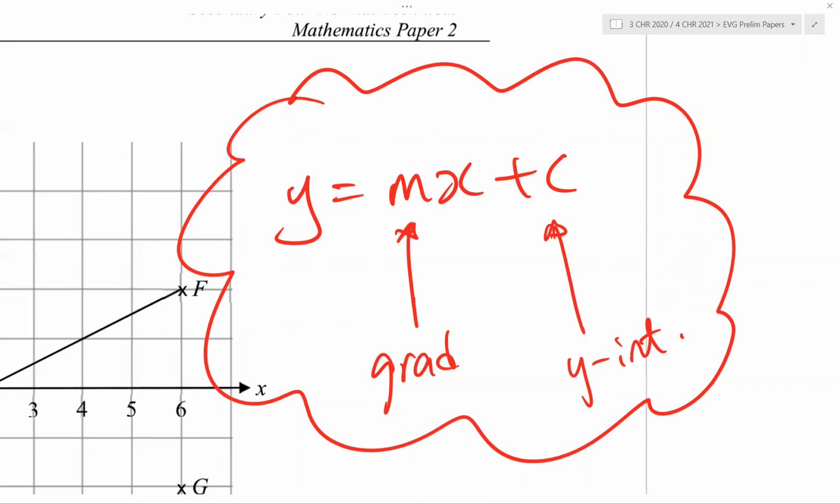Aloysius, okay with this formula, this equation? Have you memorized? Y-intercept is where it cuts the y-axis.